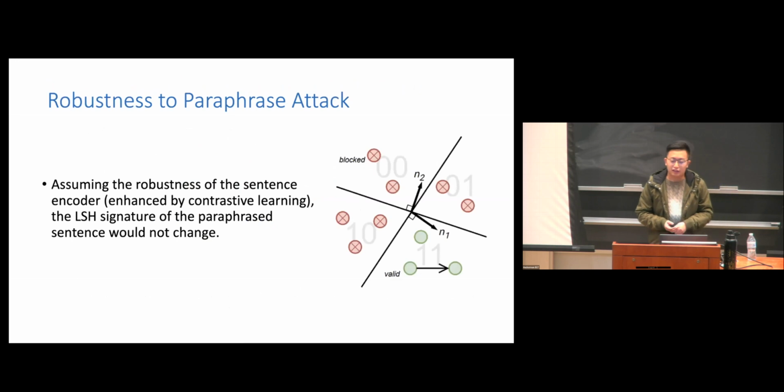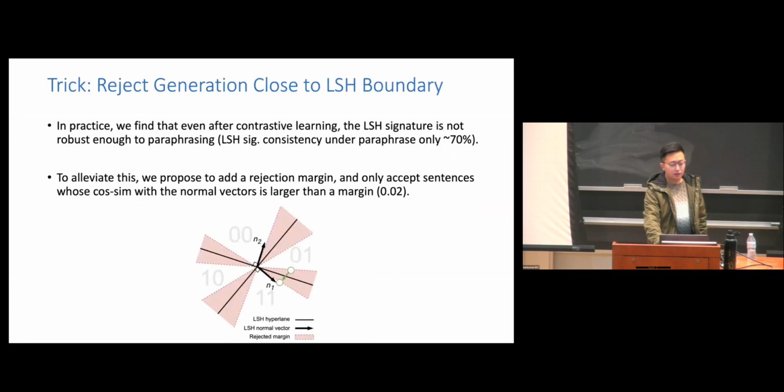Our intuition on the robustness to paraphrase attack is that, assuming the robustness of the sentence encoder, the embedding of the sentence would be in the same region even after paraphrasing. So if you have a dot over here, after paraphrasing it would just move around, but still within the same region. So it wouldn't break the watermark in that case. However, in practice, we found that it is not always robust, even if we use a very robust encoder.